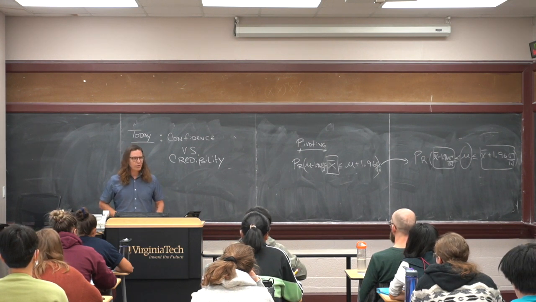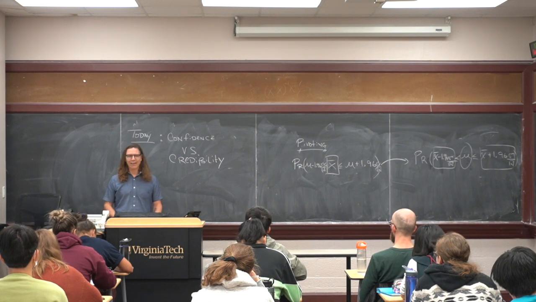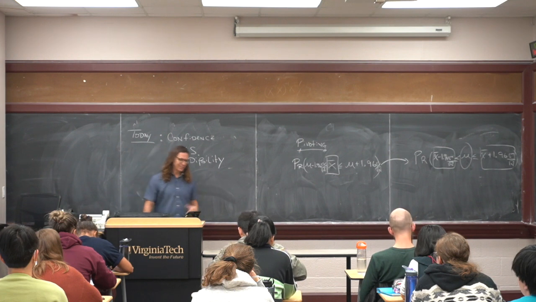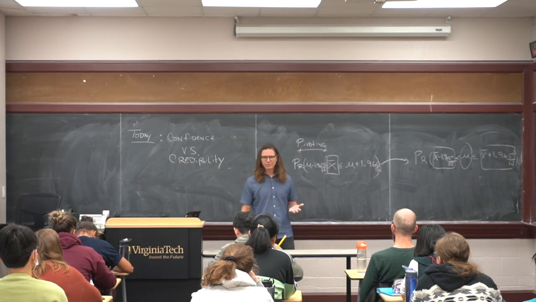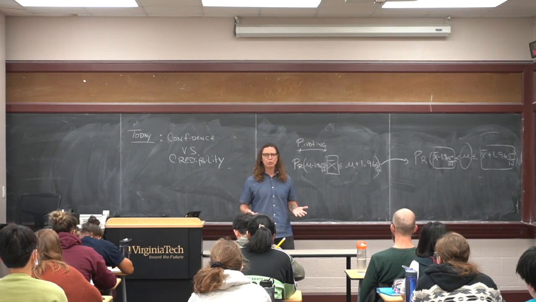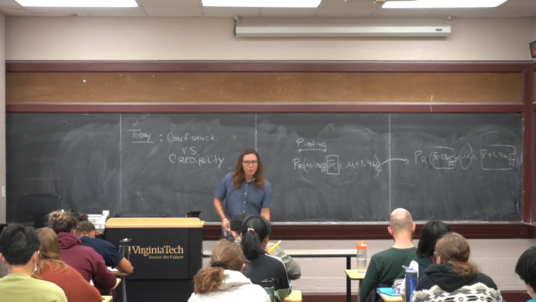There's corrections to that interval, and usually they build in a penalty, like they'll add a half and a half to the successes and the failures. The most common thing that I see people do is they add 2 successes and 2 failures. So it's like building extra bias. It's like using something like a beta 2-2, which depends on how much data you had.